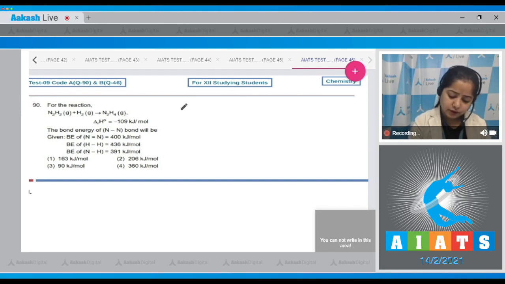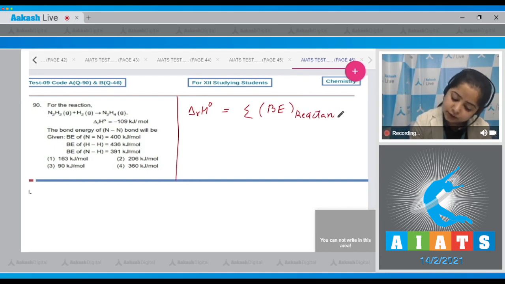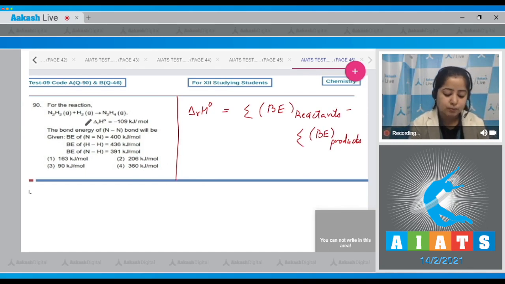First of all, we need to know that standard enthalpy of reaction is equal to summation of bond energy of reactants minus summation of bond energy of products.